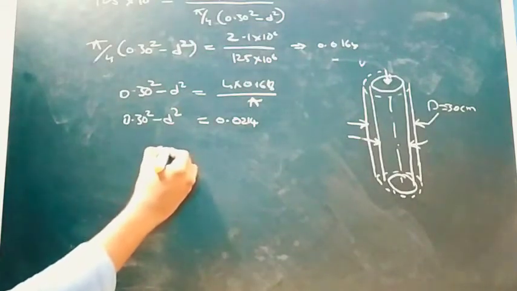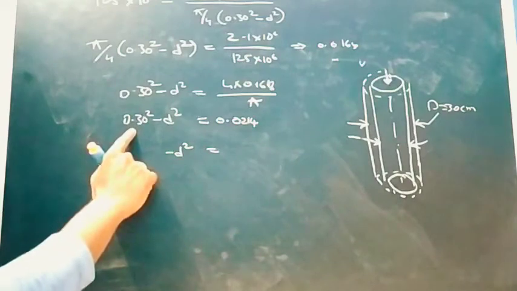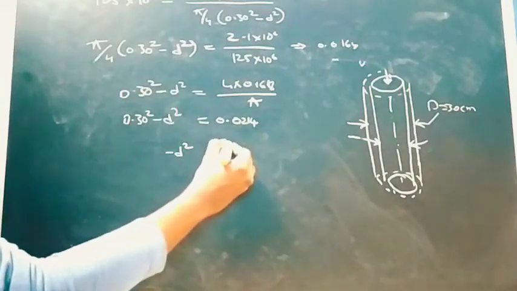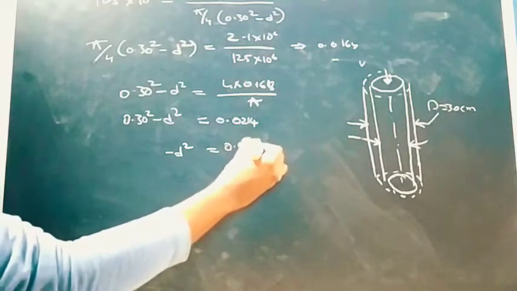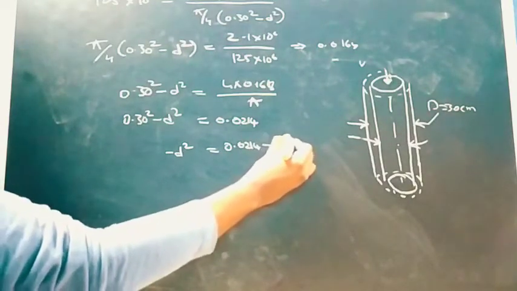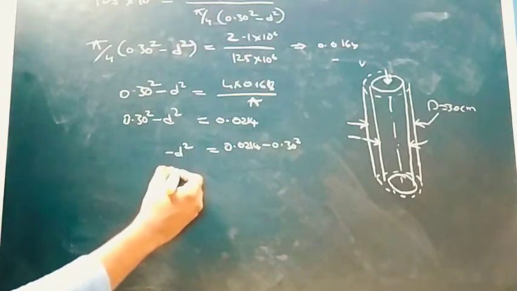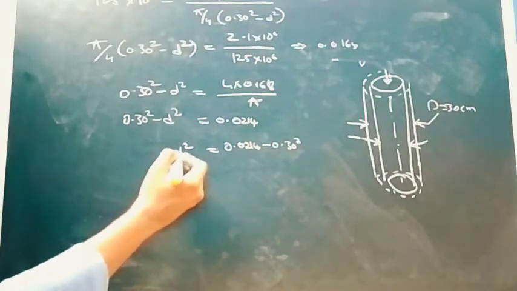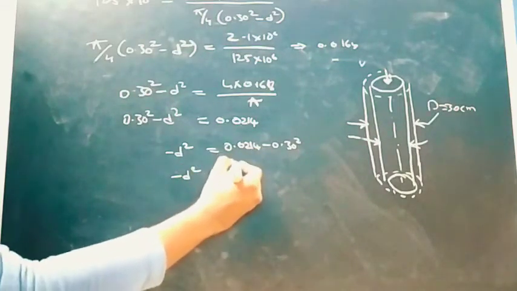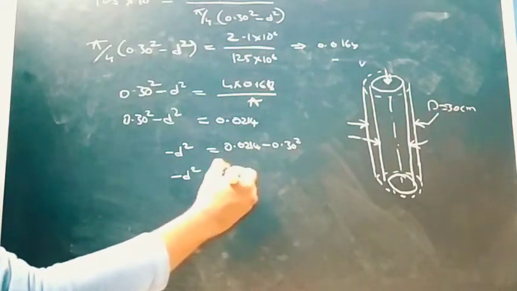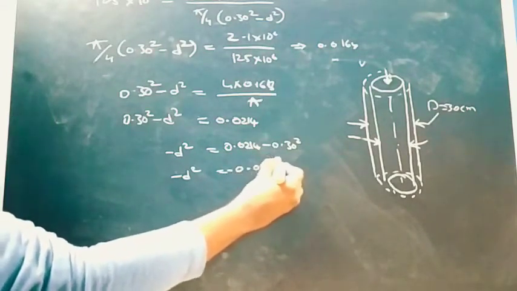So now from here, minus d square equals 0.0214 minus 0.3 squared, which is minus 0.0686.